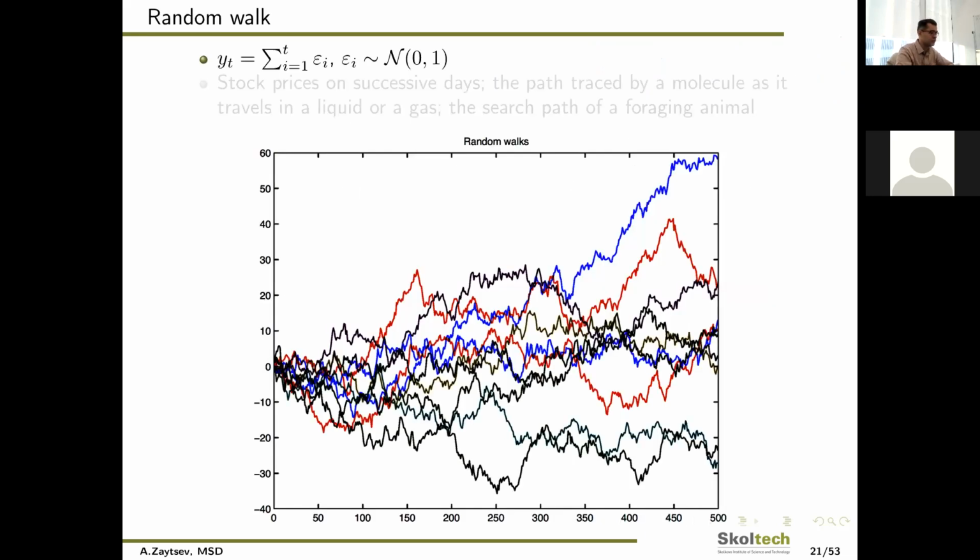So we try to make more interesting models, and one step more advanced model is a random walk. Here we can see the Gaussian random walk, and this means that the signal yt is equal to the sum of these guys.